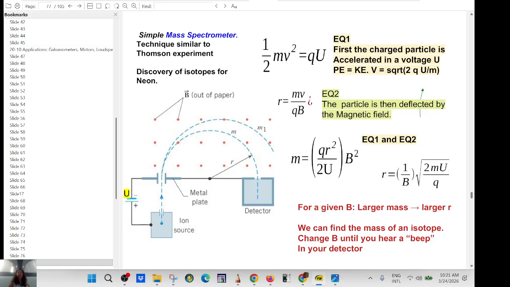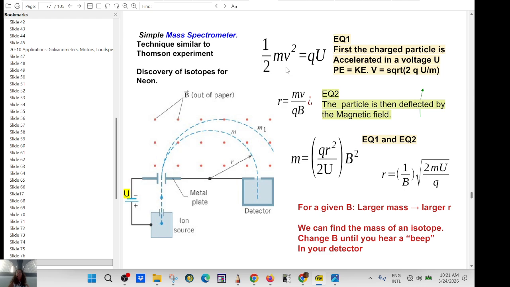The electric potential energy, that will be the voltage, turns into kinetic energy, and then the particle goes inside a magnetic field, and the magnetic field will deflect it. You tune the magnetic field until it hits the detector here. First it's going to be here, you increase the magnetic field because it's produced by an electromagnet, and then you can detect it here. And then you have that equation here.